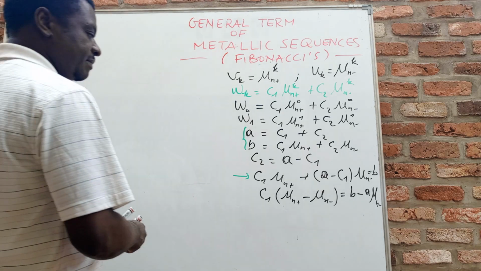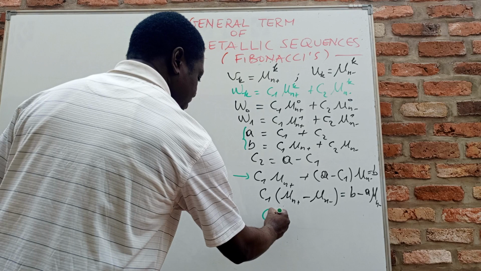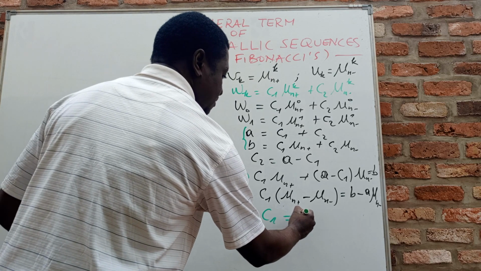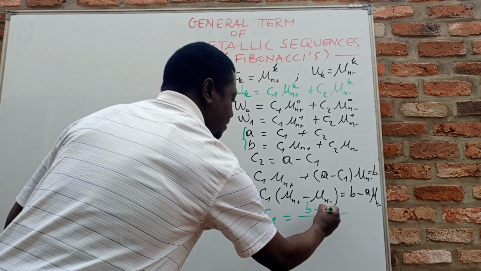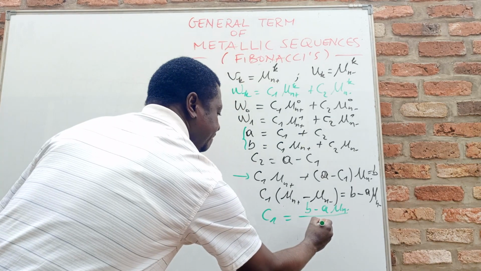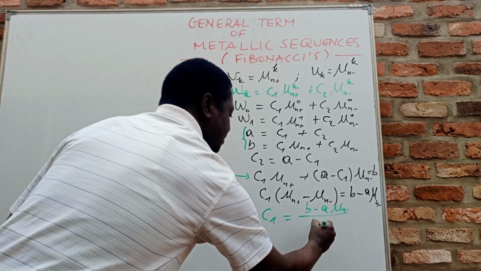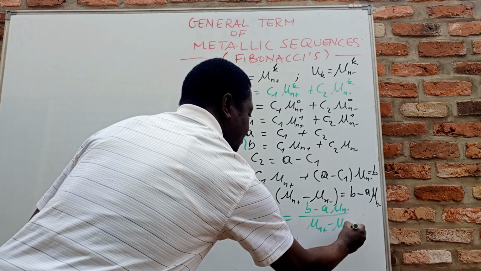So now we can find the value of C1, clearly equal to the ratio B minus A mu_n minus over the difference mu_n plus minus mu_n minus.